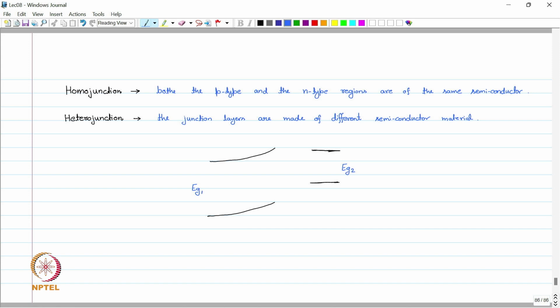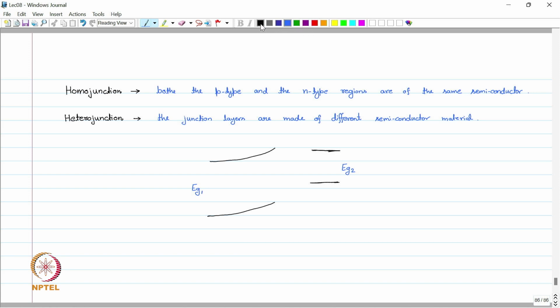So now we have two different materials. One side is Eg1 where we have a high band gap, and the other side we have Eg2 where the band gap is smaller. When we join these two materials, the bands need to be continuous because energy distribution is continuous, it cannot be discrete.